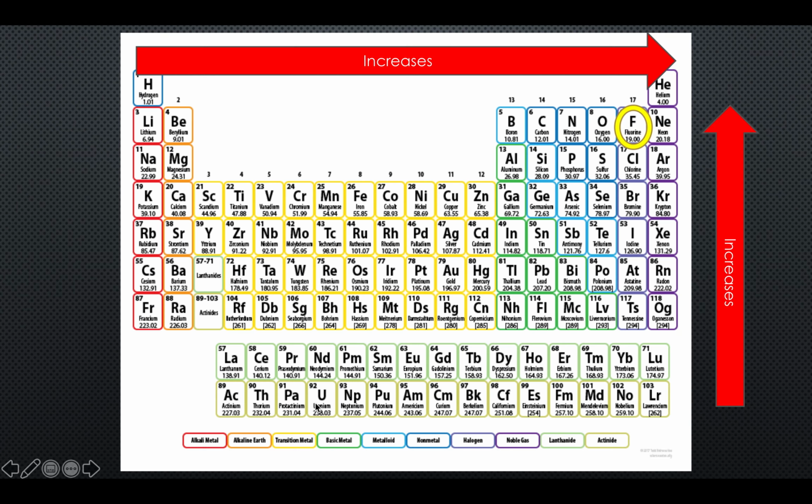Okay, so if we look at the periodic table, this is how it looks. It increases as it goes from left to right, and increases as it goes from bottom to top. And in this case, we would ignore the noble gases for conceptual reasons, because noble gases have 8 valence electrons.